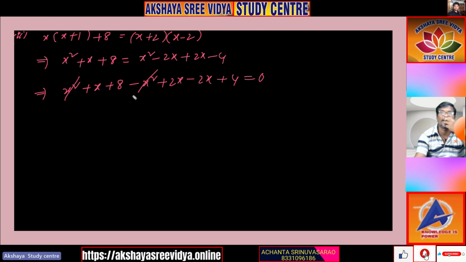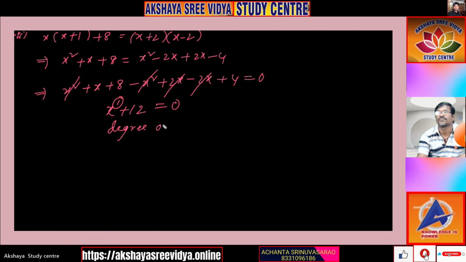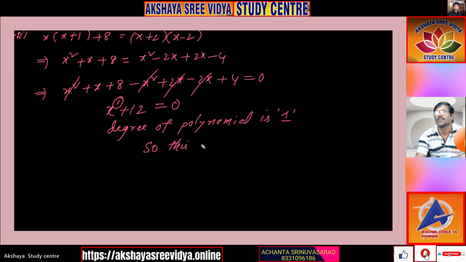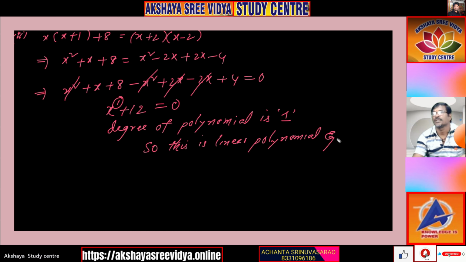Plus x square and minus x square cancel, plus 2x and minus 2x cancel. This is equal to 8x plus 4 is equal to 0. x power is the degree of polynomial. Degree of the polynomial is 1. So this is a linear polynomial equation.